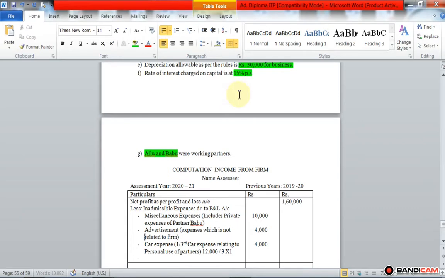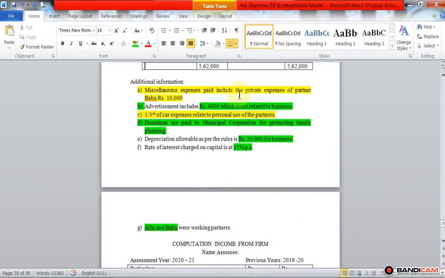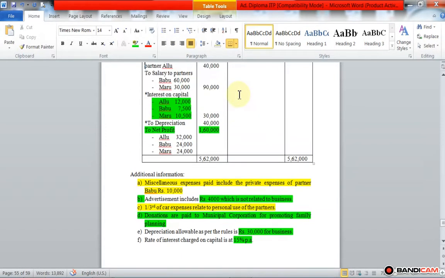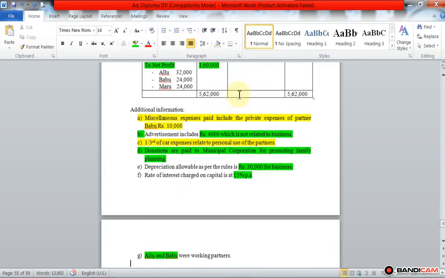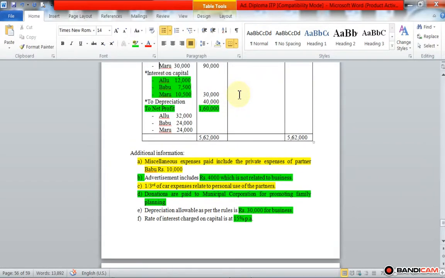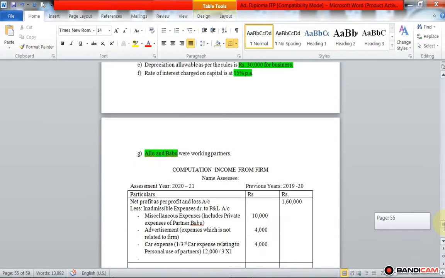Then next additional information, that is donation. So all donations are disallowed. Then depreciation is given here. Depreciation is rupees 40,000 charged on the debit side of profit and loss account.